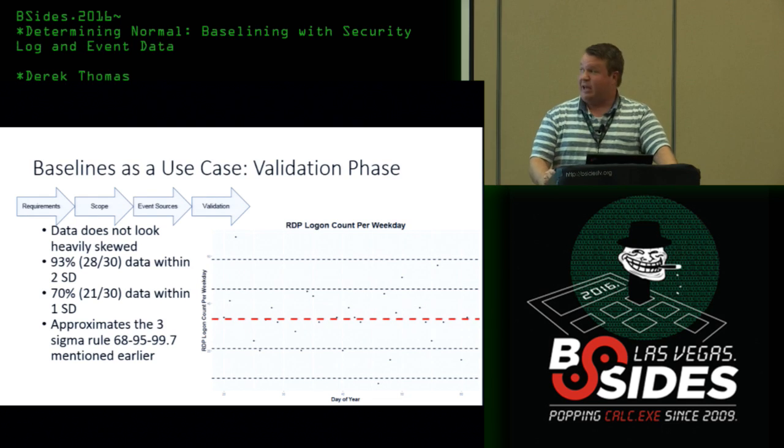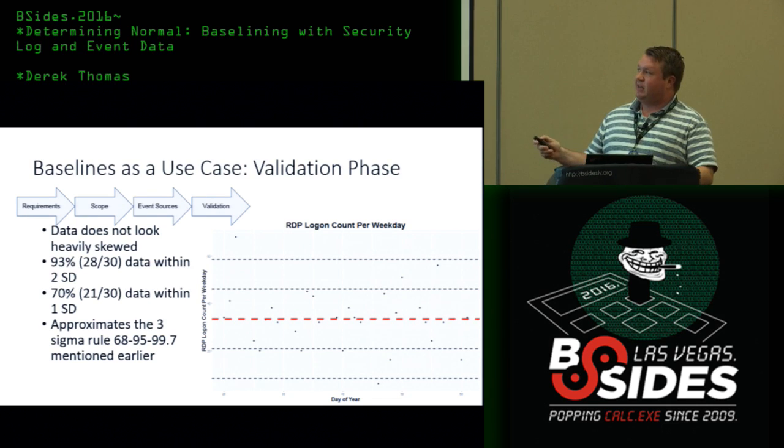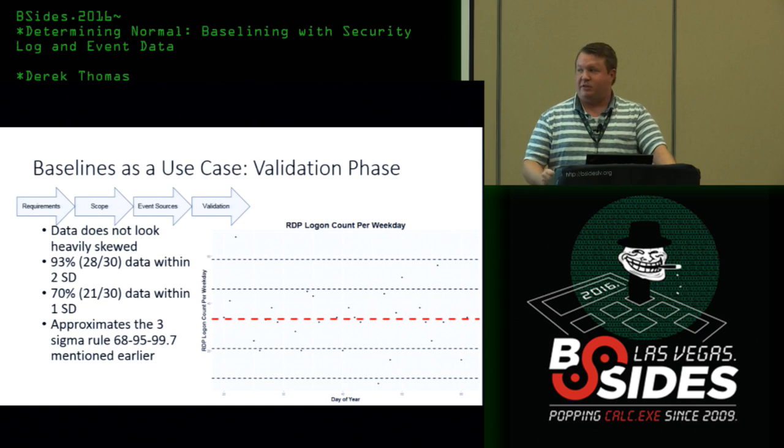Again, this data does not look heavily skewed. So you see kind of the same data above and below the average here. You see most of the data lies in this band, and as you go out, you see less and less. So just off the top of my head, it looks pretty good. But when you look at the data, 93% of the data is within 2 standard deviations, 70% is within 1.